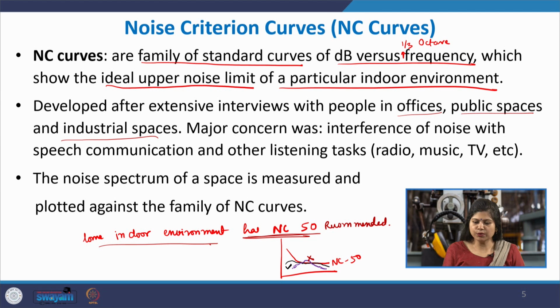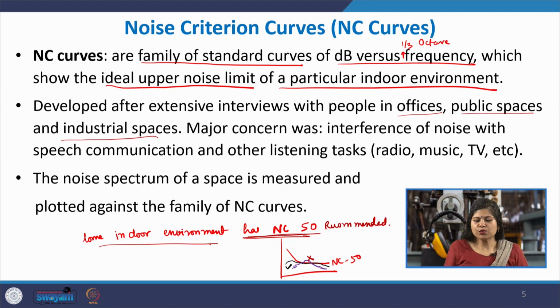For example, it should not interfere with speech communication, or with other listening tasks like watching television, radio, listening to news, music, and so on. There were obviously other concerns as well, and the noise spectrum is then measured.